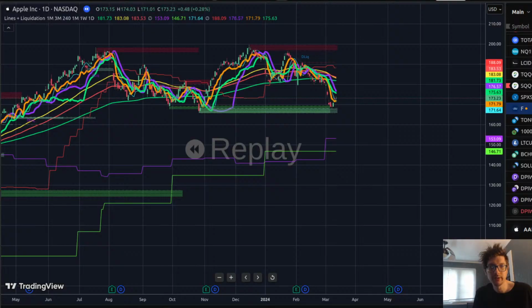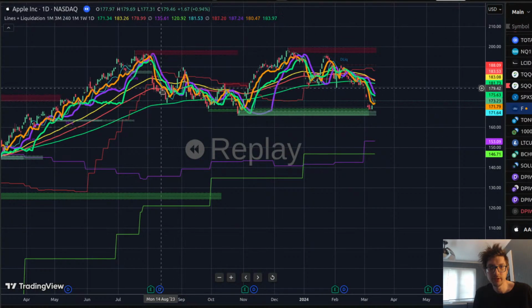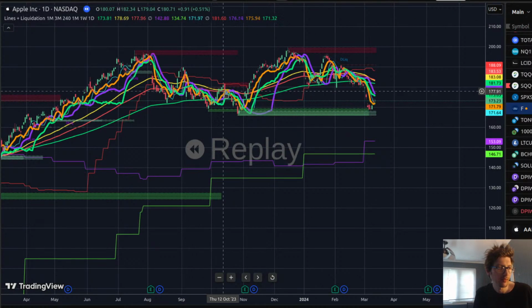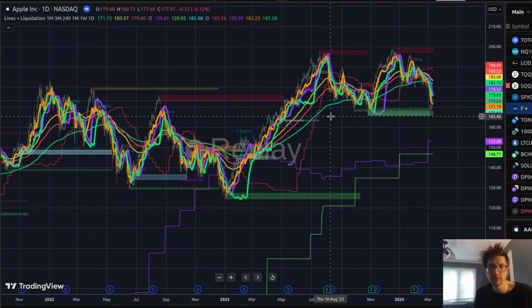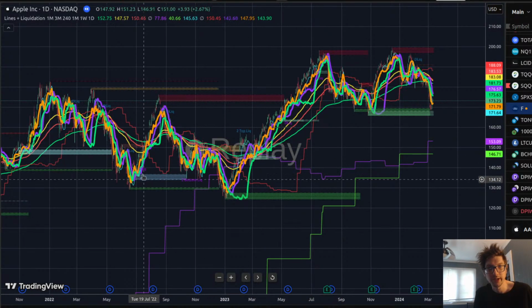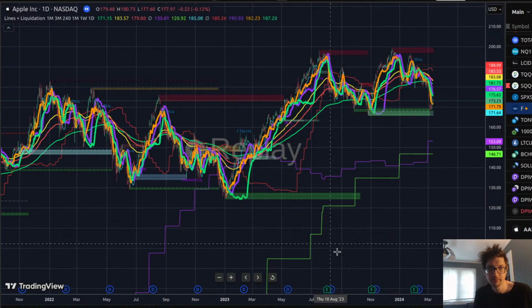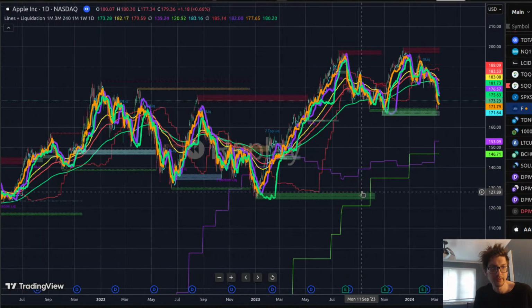But the ideal trade setup isn't really this kind of situation. It's more when price is moving aggressively against either the red line or the purple line or the green line, right?